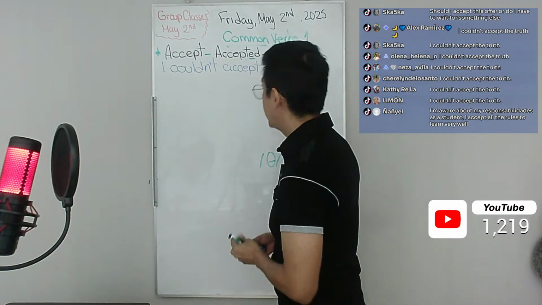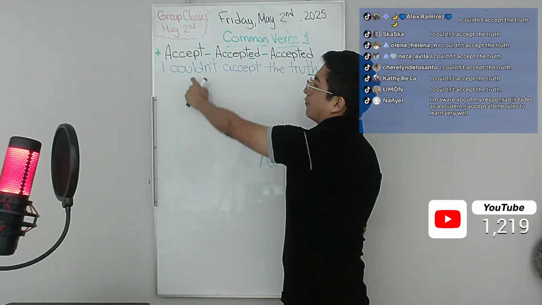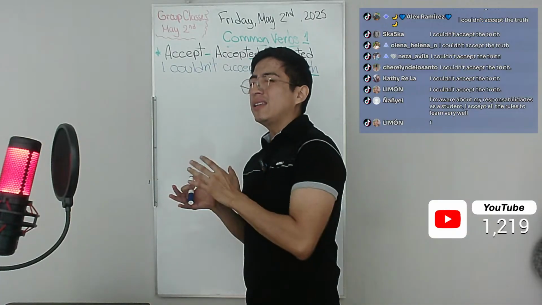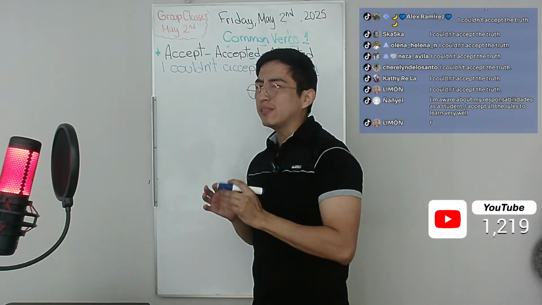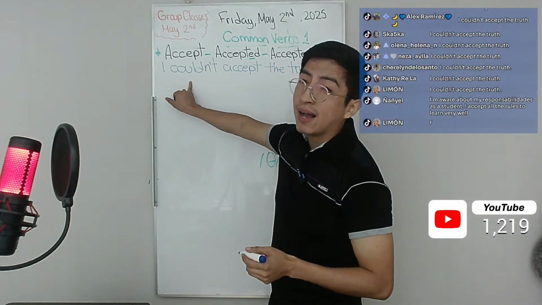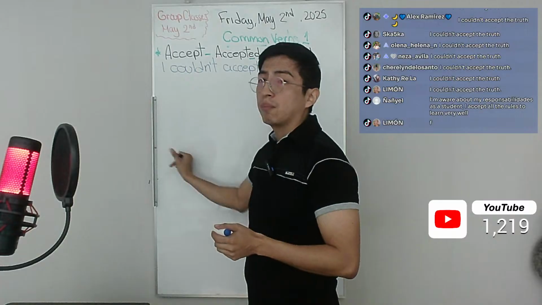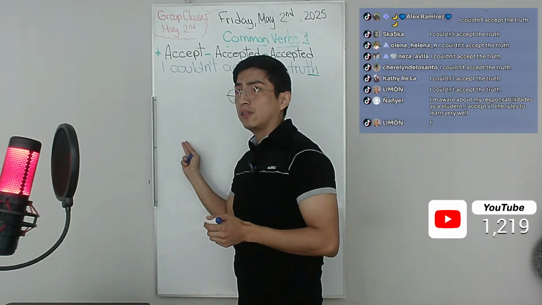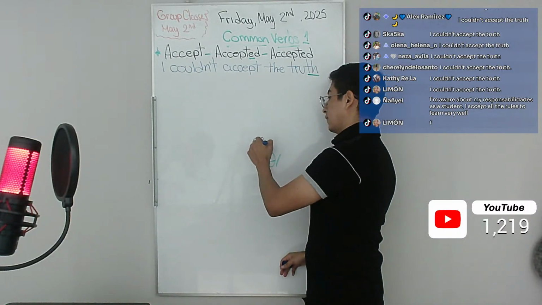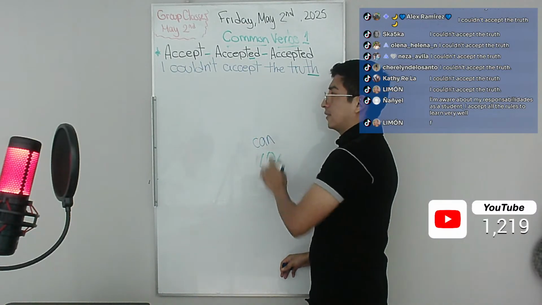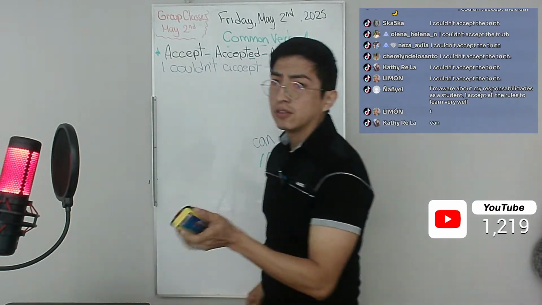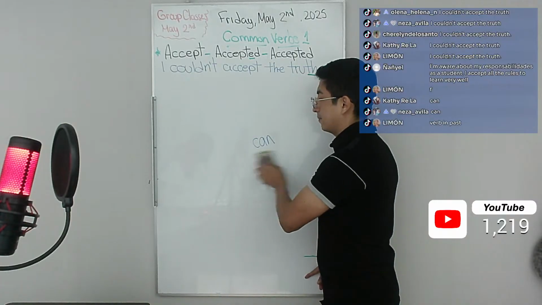Truth. Very good. Now, in this case, we have couldn't. Couldn't or could. Now, in this context, guys, what is the meaning of couldn't? This is the simple past of what other modal verb? In this context, this is the simple past of can.